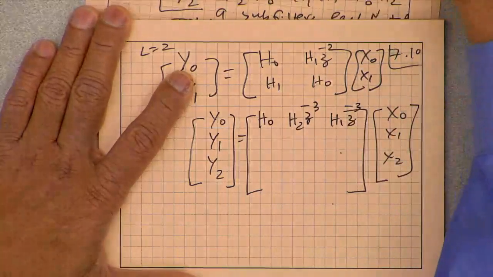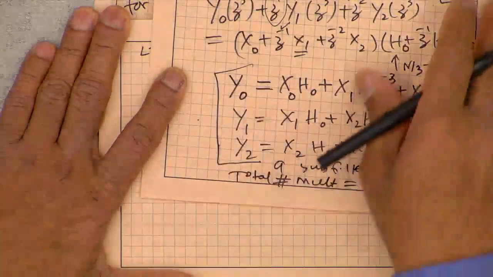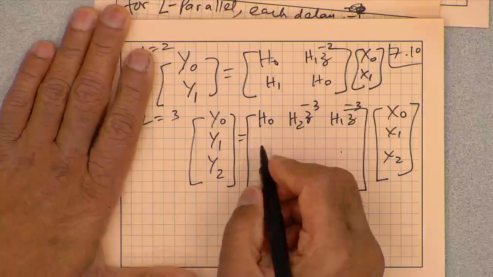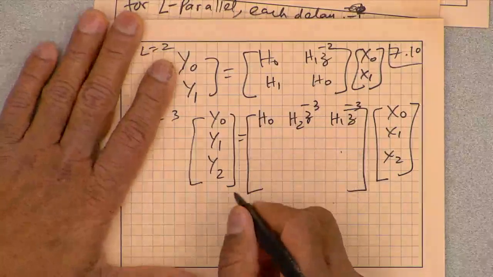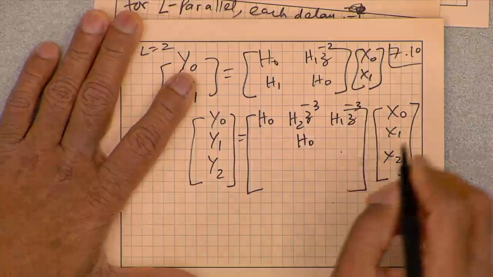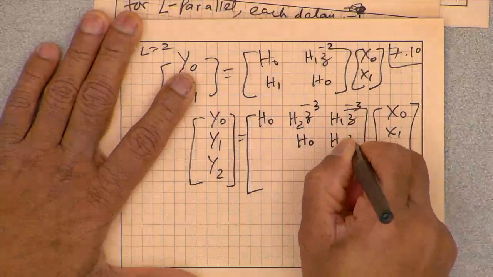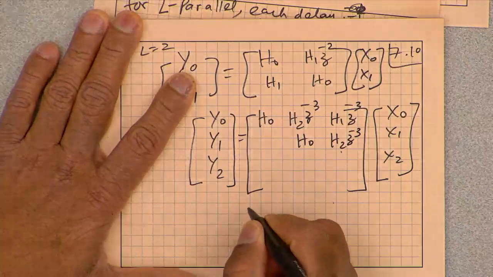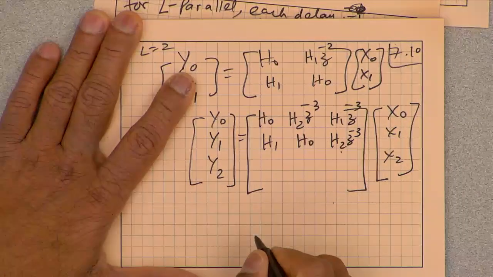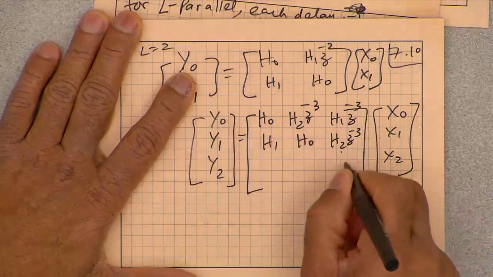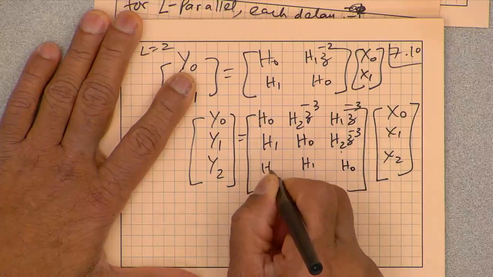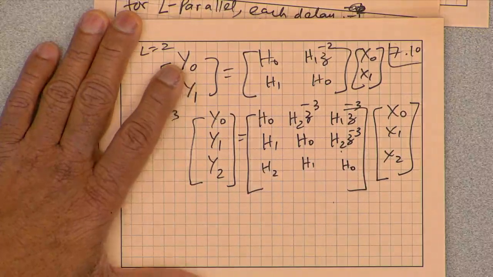So I simply take this equation and complete the matrix. y1 is x1 h0, x2 h2 z to power minus 3, x0 h1. y2 is x2 h0, x1 h1, x0 h2. Okay.